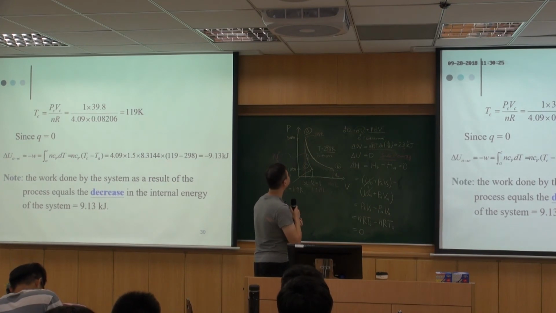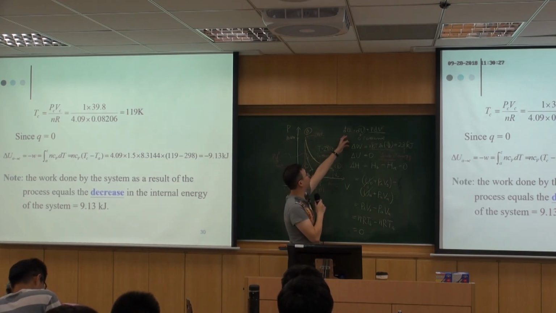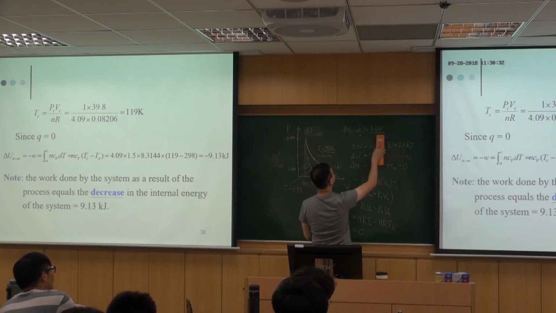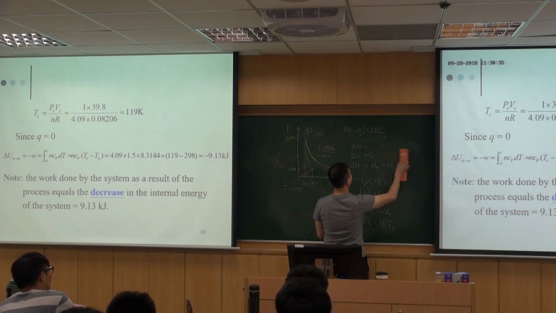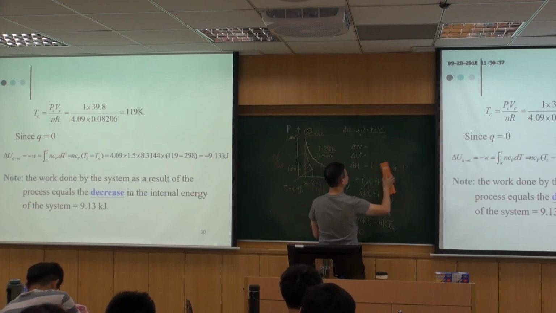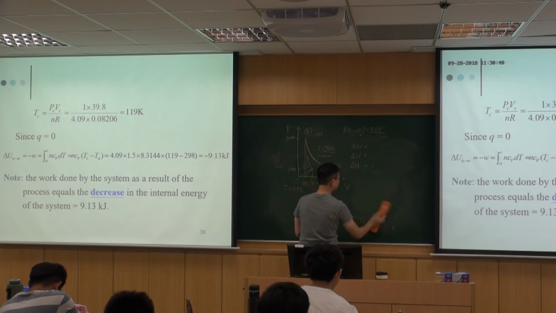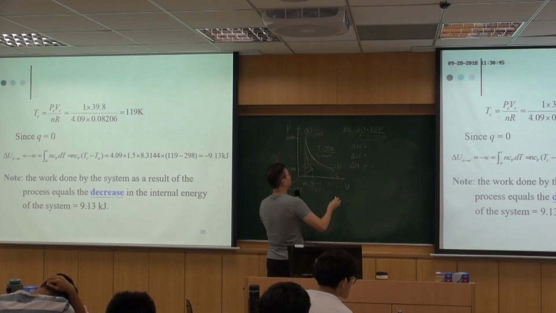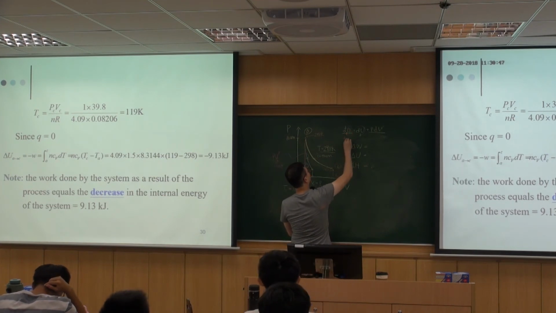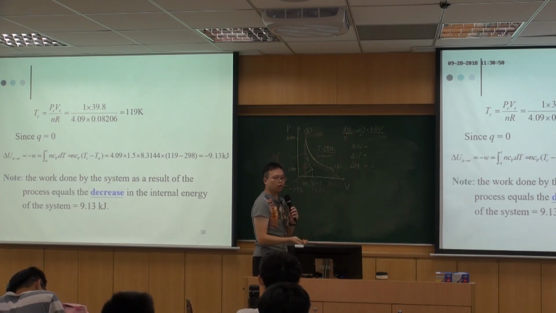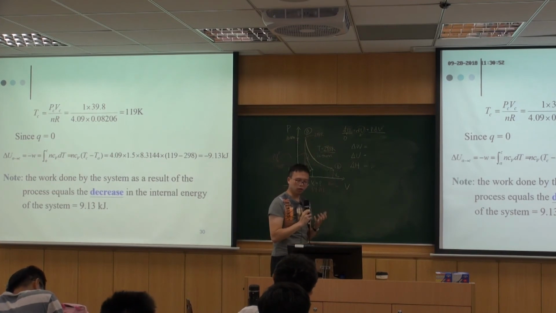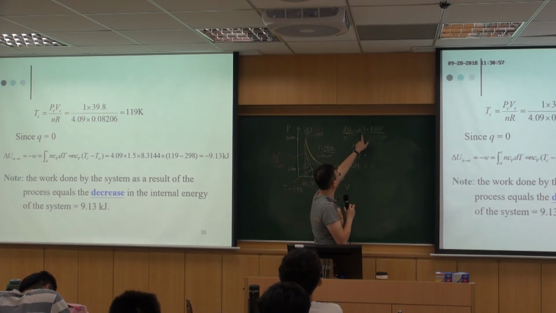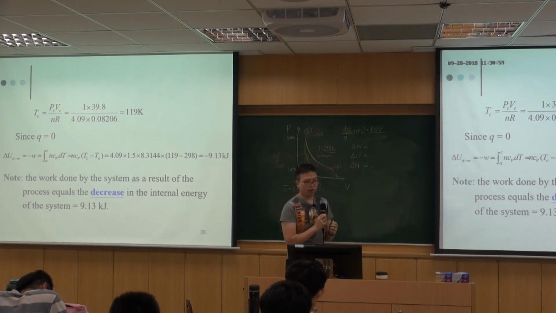And first of all, let us look at the first law again. Let's erase these things. For the adiabatic process, we know that dq is 0, right? Since dq is 0, or the total heat exchange is 0, then delta U is minus PdV.